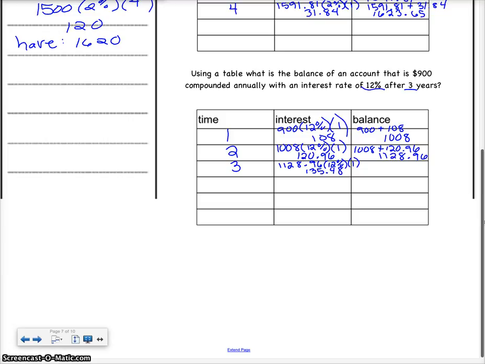Remember to round your money. So my balance will be 135.48 plus 1128.96, and that is 1,264.44. I do want you to just observe that each year our interest keeps getting higher and higher, and the reason for that is because you're recalculating your balance, so of course it's going to get higher.